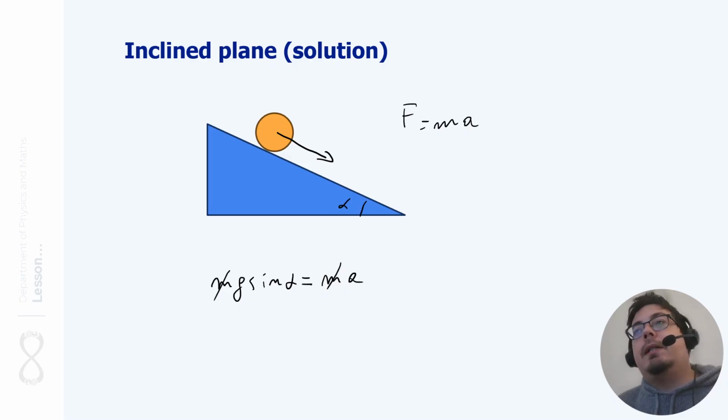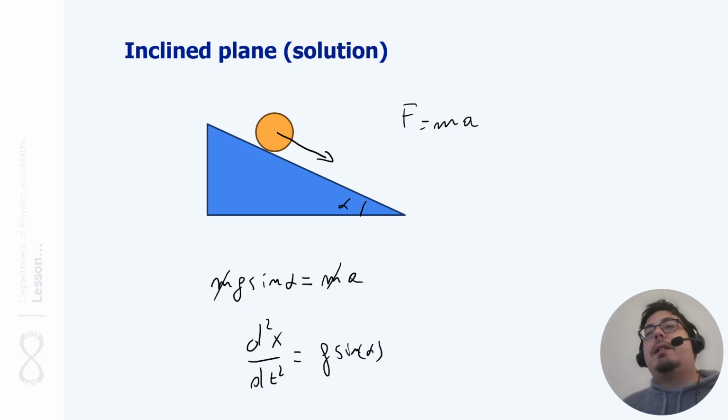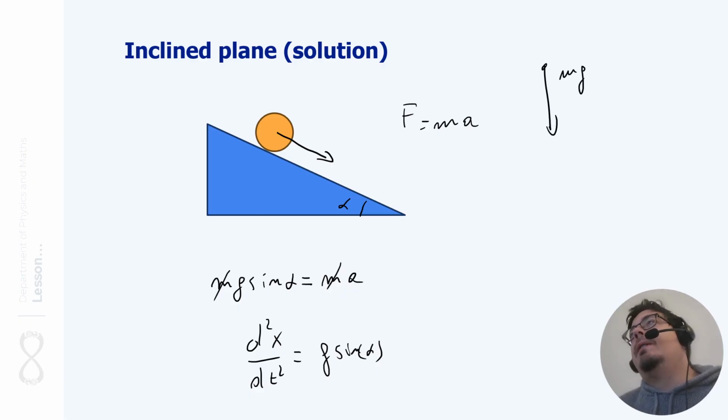Sinus of alpha is that angle, and the acceleration. So we have that the second derivative in time of the space is equal to g sinus alpha. This is very similar to the free fall, because we know that the second derivative of x with respect to t is equal to g.